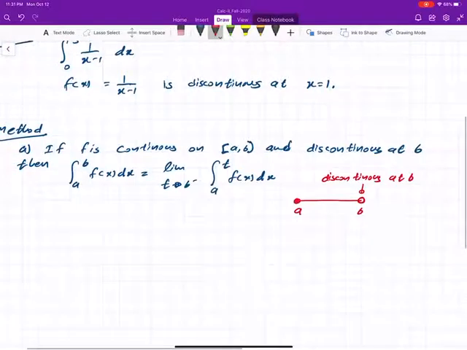Because of that reason, you won't be able to integrate at b. So what we do is assume there's a variable t here, and then we integrate the function from a to t.